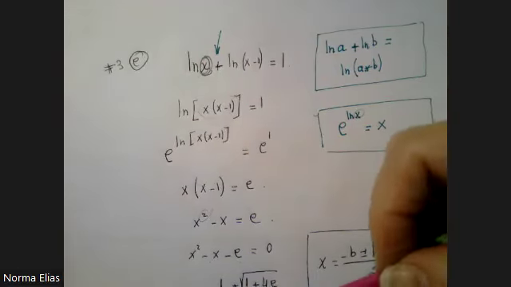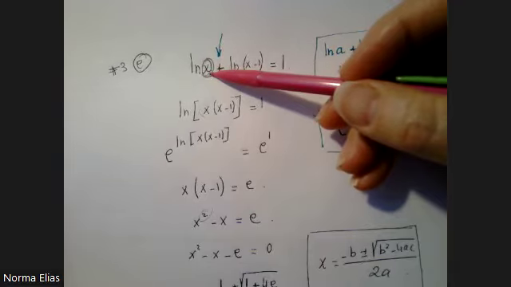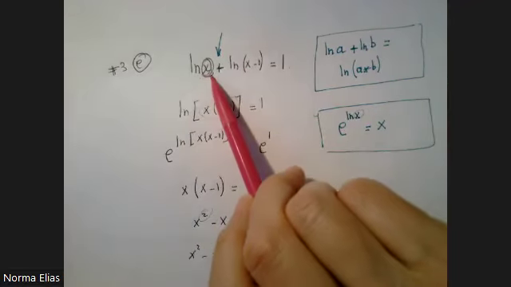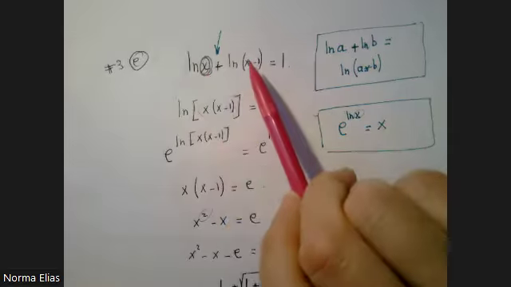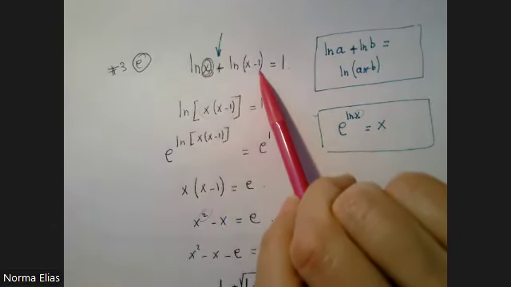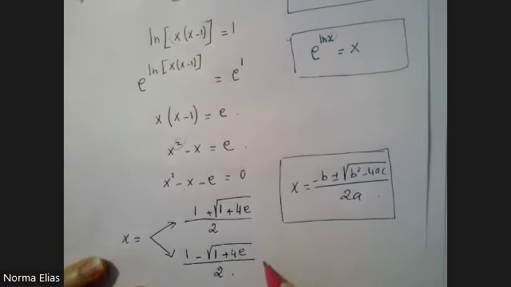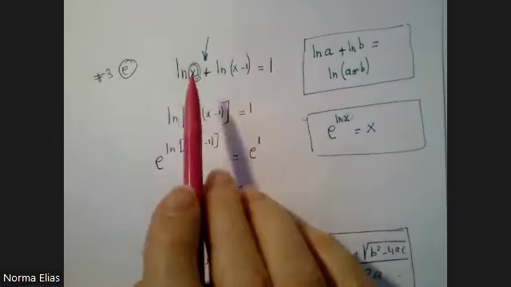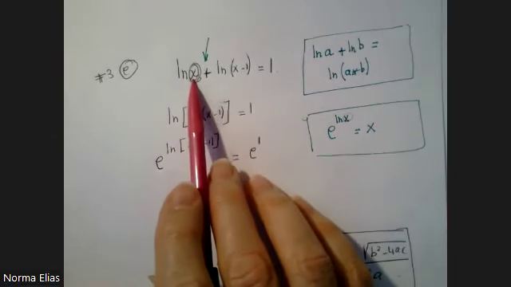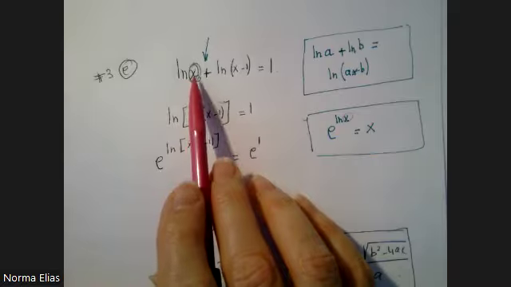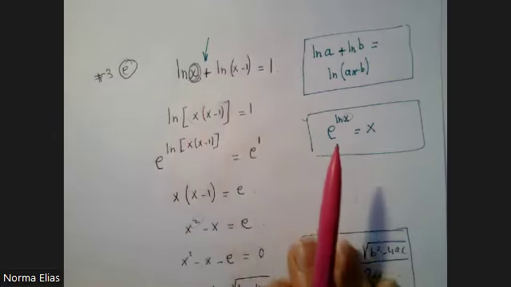If I get a solution and my solution is negative, I cannot accept it because we are working inside the ln. Also, I need the x minus 1 to be positive. So in a way, we have to estimate this value and ask ourselves, can I plug it in for the ln? Because if my solution is negative, we cannot accept it.